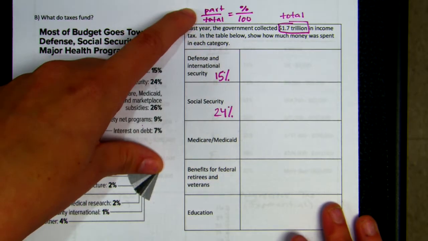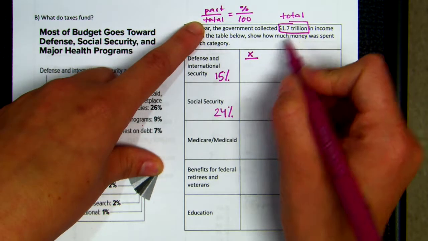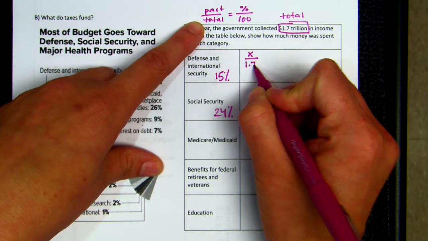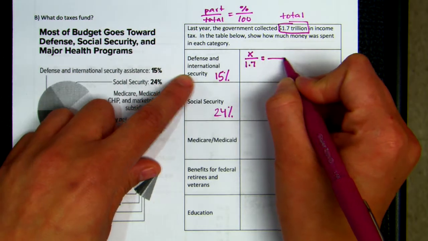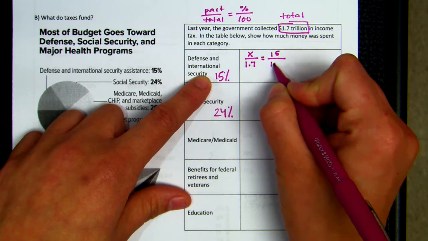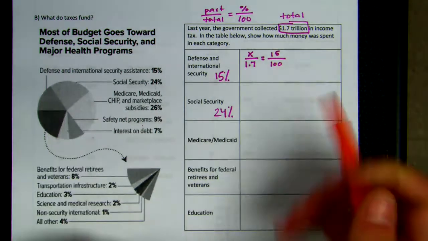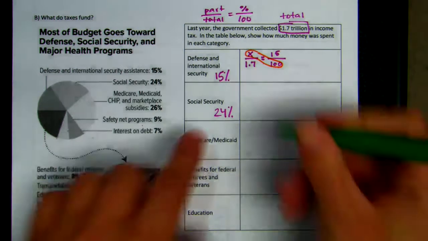The part is what I don't know, so that's going to be x over the total. We're just going to leave that as 1.7, knowing that it's in trillions, is equal to 15 over 100. From here I'm going to cross multiply.